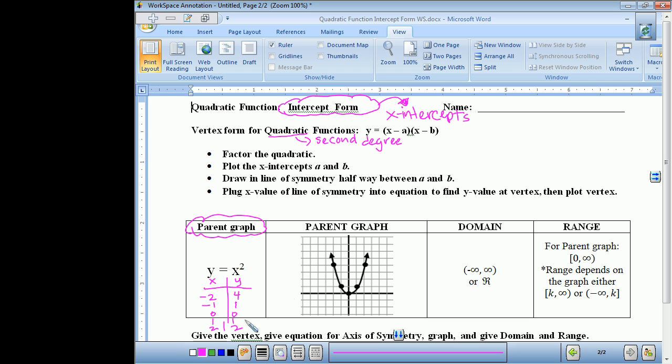And 2 squared is 4. Do you see where this graph comes from? So a quadratic is in this shape. What do we call that? Does anybody know the name of this? It's a parabola. This is a parabola.